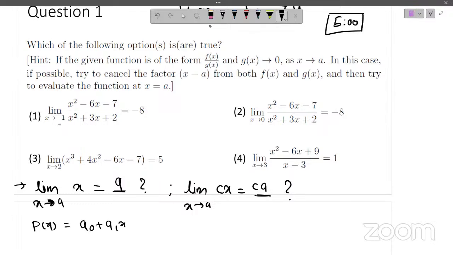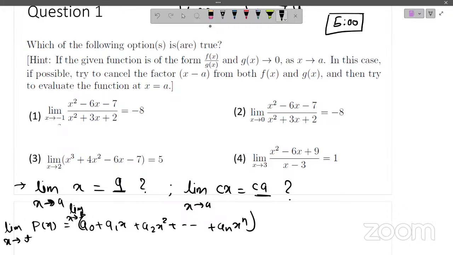a0 plus a1x plus a2x square plus and so on plus an x to the power n. If someone asks me the limit as x goes to t of p(x), I will take the limit as x goes to t of this expression.